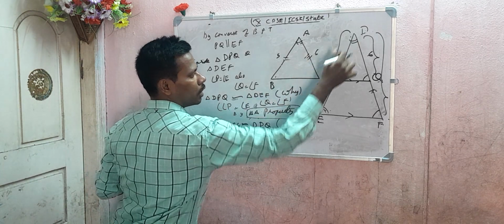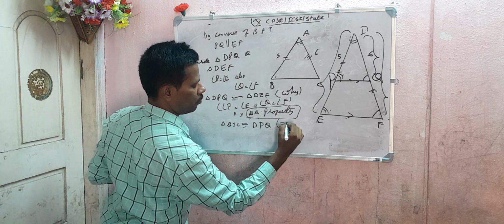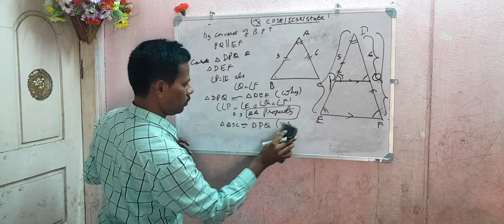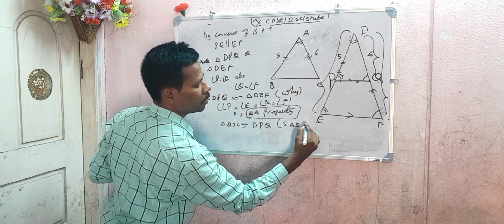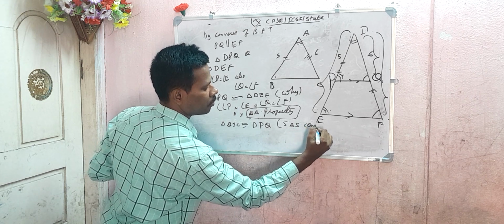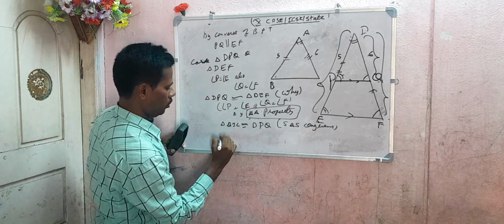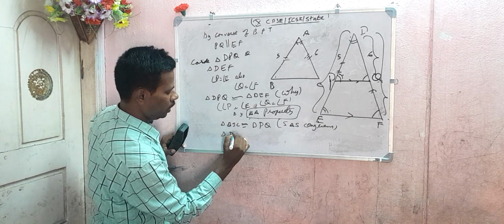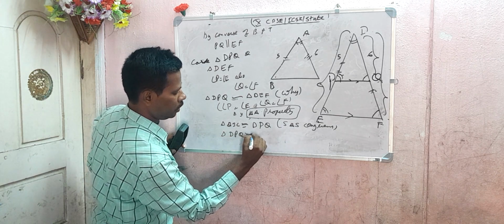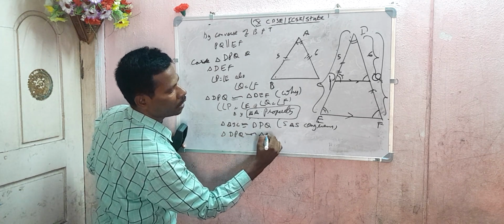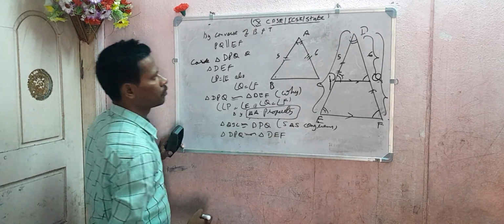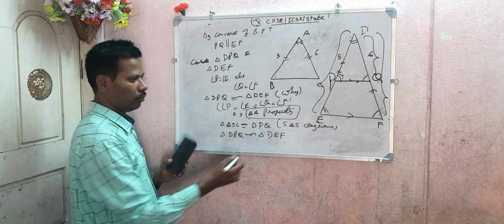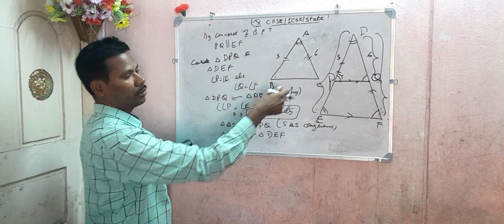Triangle ABC, triangle DPQ by SAS condition, SAS congruency. Now triangle DPQ is similar to triangle DEF, because just now we have proved this one.